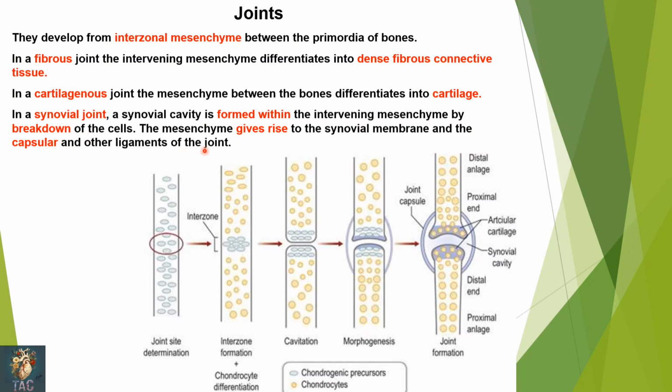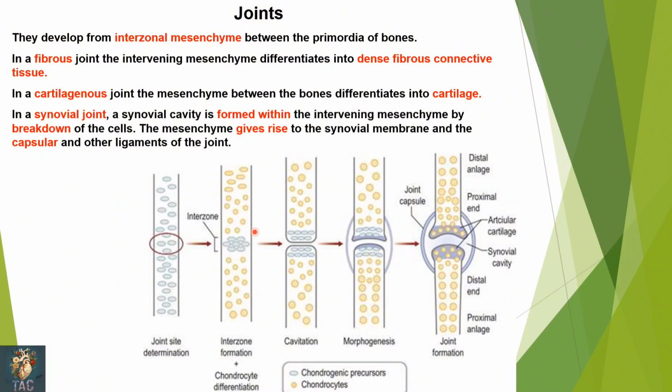So for undergraduate levels, you must know that initially the interzone will be formed, followed by dense fibrous connective tissue. In the case of the fibrous joint, it will remain fibrous in nature.